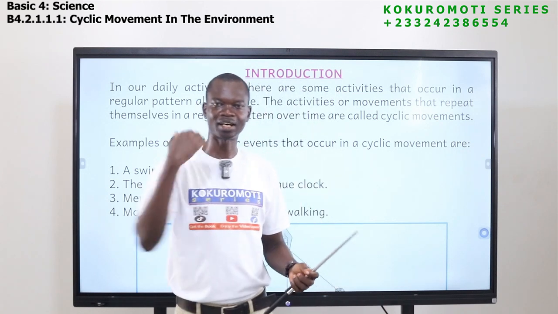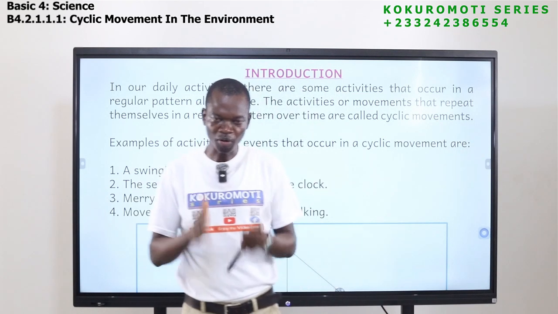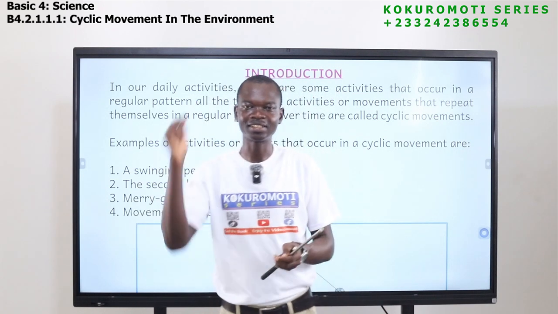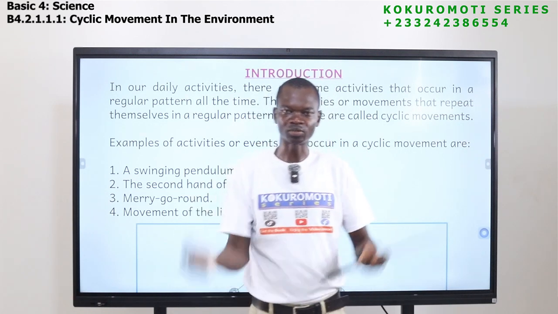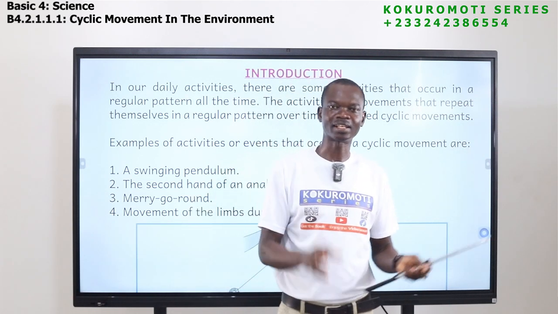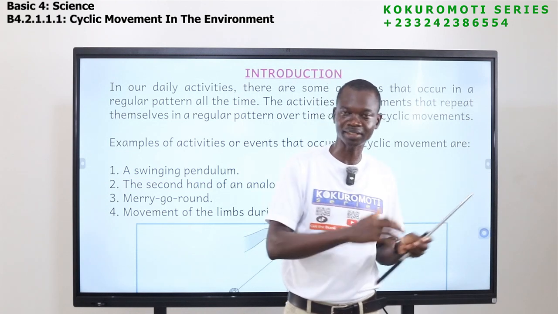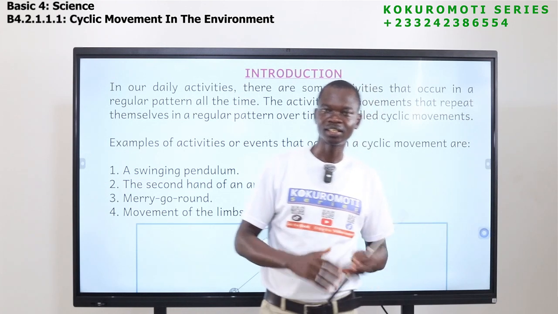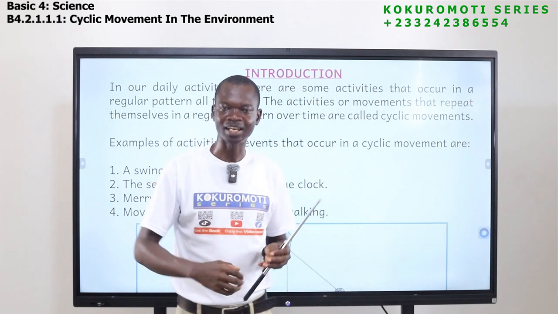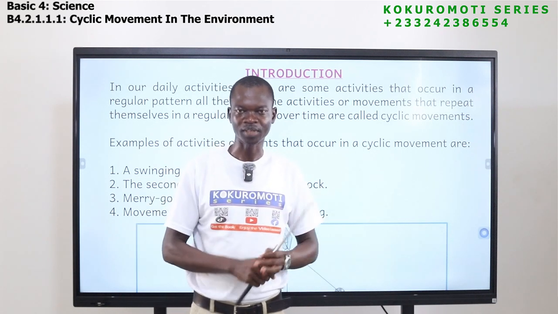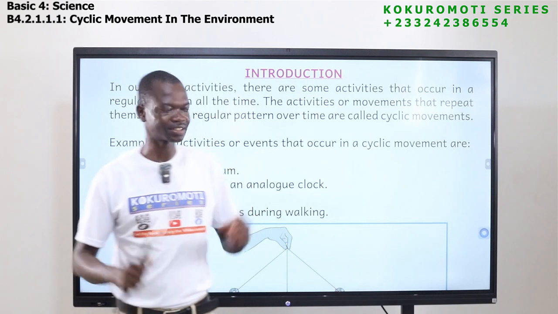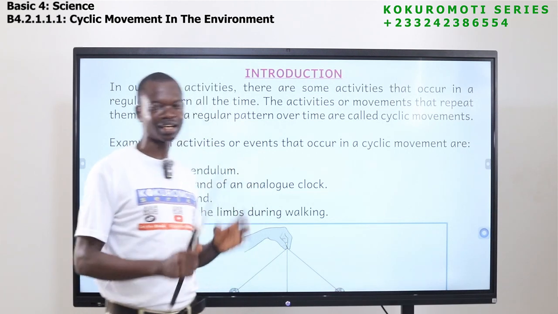It happens and happens again, and how it happens is the same way, the same steps, the same manner that it will happen again. And anytime that thing happens, it follows the same pattern. So we say the activities that happen and happen again in a particular manner over a period of time, we call these activities cyclic movements.